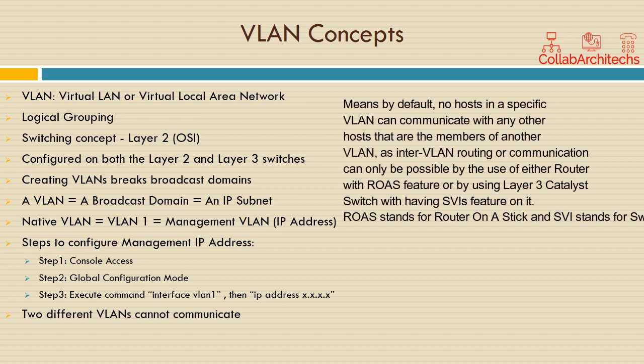Means by default, no host in a specific VLAN can communicate with any other hosts that are members of another VLAN, as inter-VLAN routing or communication is only possible by the use of either a router with the ROAS feature or a layer 3 catalyst switch with the SVI feature on it.